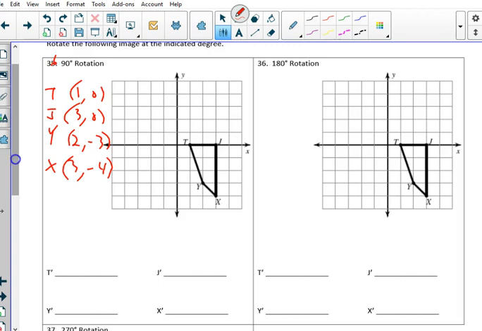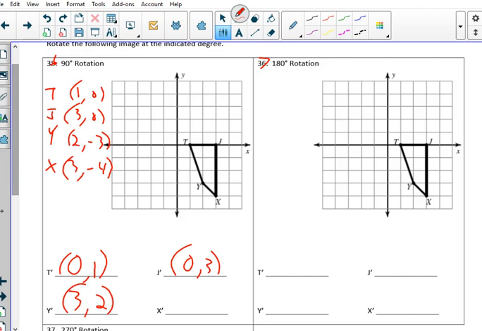and don't forget this is 36, and this is 37. So we rotate 90 degrees, T is going to go from 1, 0 to 0, 1. J is going to go from 3, 0 to 0, 3. And Y is going to go from 2, negative 3 to 3, 2. What happens is they switch places and you take the opposite of the y.